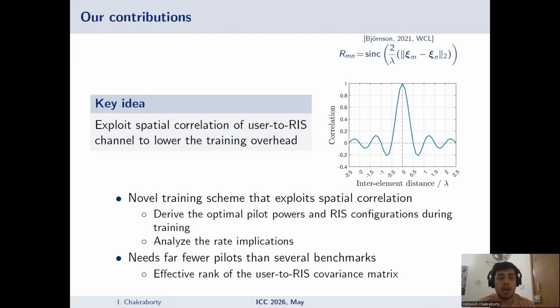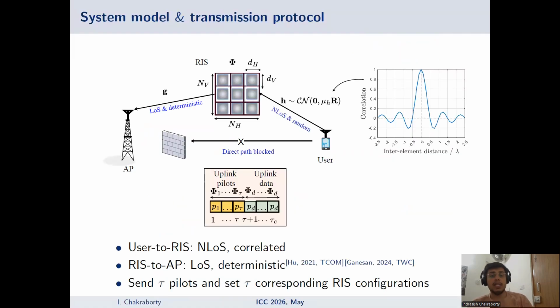So let us move to our system model now. We consider an uplink communication scenario where a user is communicating with an AP with the aid of an RIS. The user to RIS channel is considered to be non-line of sight and correlated.